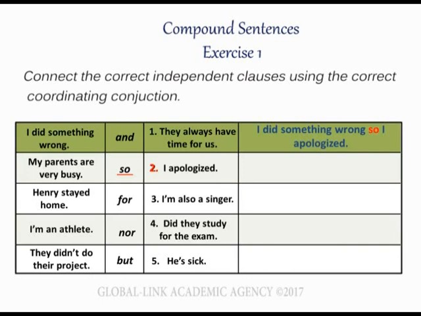The second one, my parents are very busy. The correct independent clause is number 1. They always have time for us. The correct conjunction is but. Our parents are very busy, but they always have time for us.